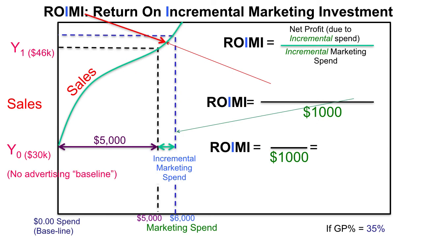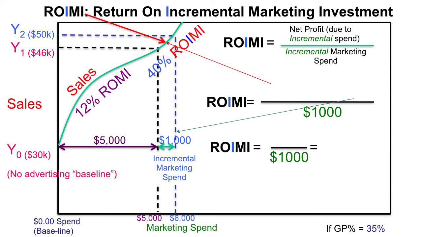Good. So here, let's just go into that example. Here we were spending $5,000, which took the baseline from 30,000 up to 46,000. And if we calculated that ROMI, it was 12%. We spend another 1,000, and it takes us up to 50,000.